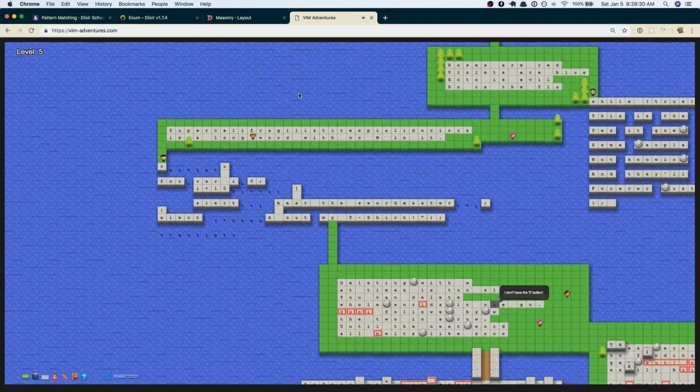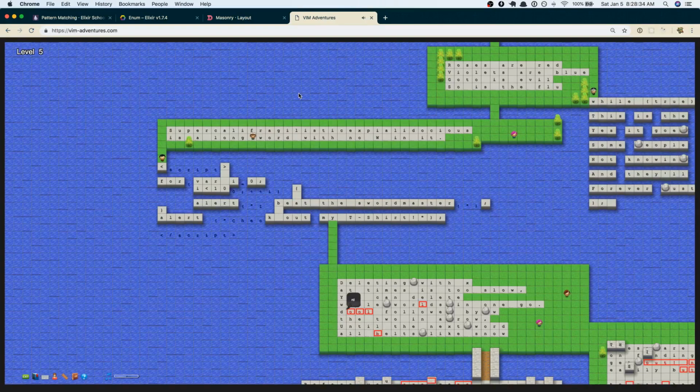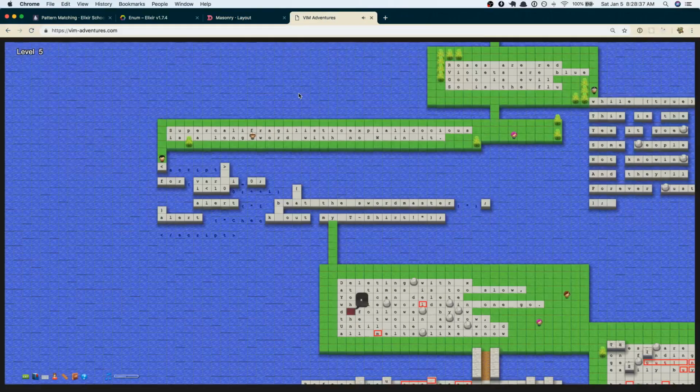Like patterns of Elixir. We're just playing Vim Adventures. Right?